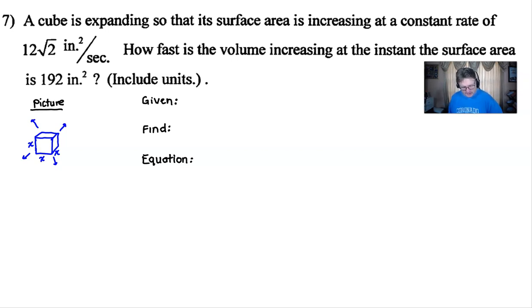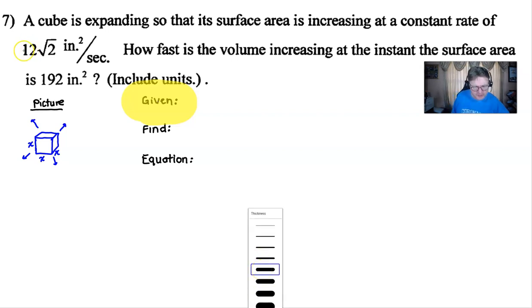Well, the given value in a related rate is always going to be a value that truly is a rate given in the question.